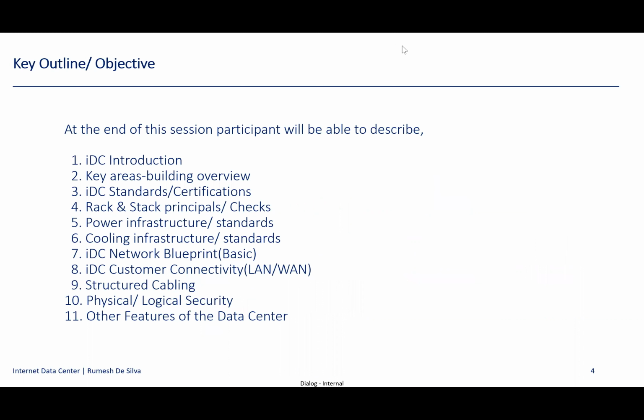In the previous sessions, we discussed the data center introduction, key areas of the building overview, iDC standards and certification, rack and stack principles, power infrastructure, and cooling infrastructure.